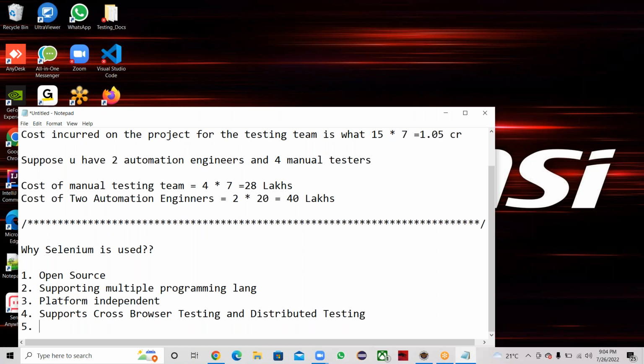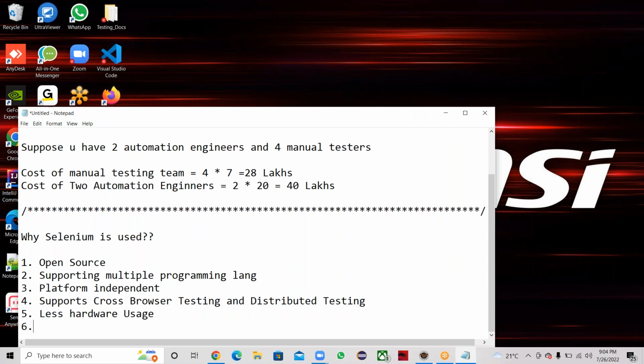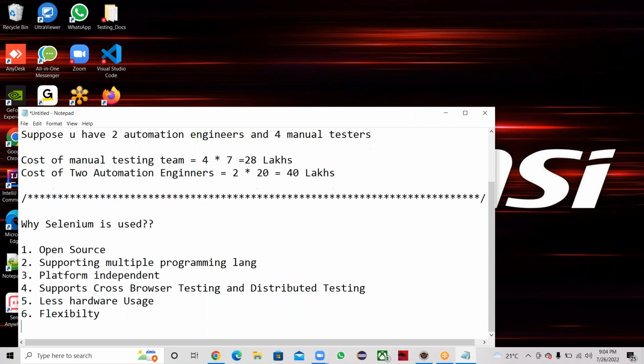So, cross-browser testing, platform independent, less hardware usage, and flexibility. It supports cross-browser distributed testing, supports multiple programming languages, supports multiple browsers such as Chrome, Firefox, Edge, Opera, Safari, etc. Clear, everyone?